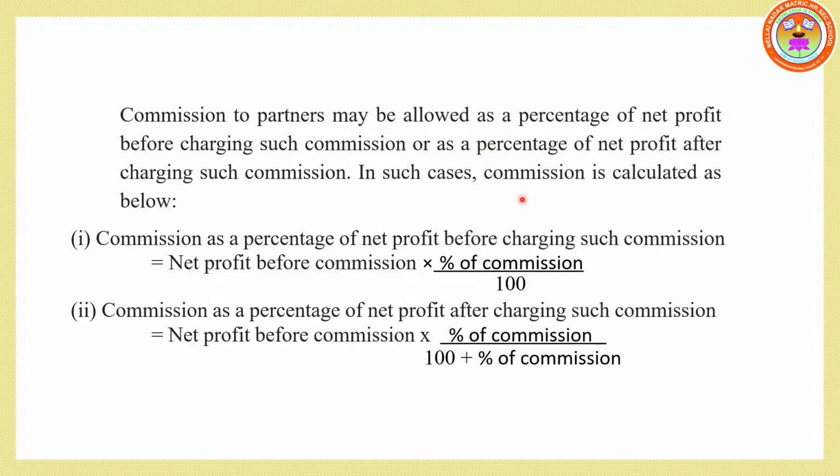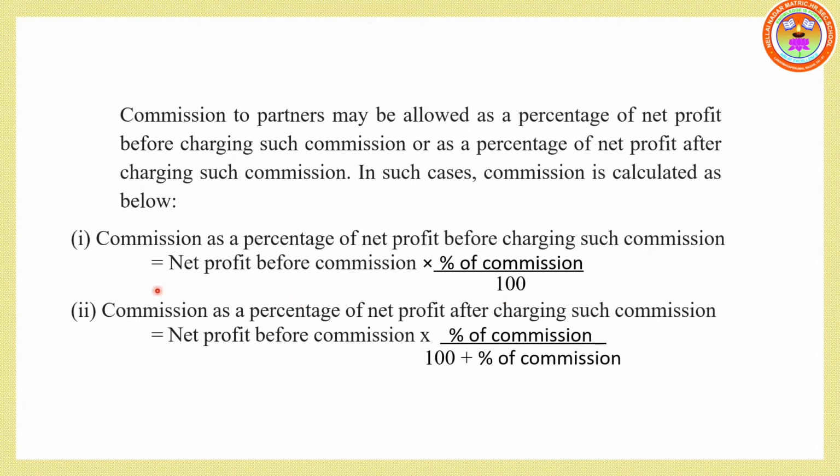So commission is calculated under two situations. If it is given as a percentage of net profit before charging such commission, the formula used is net profit before charging commission into rate of commission divided by 100.